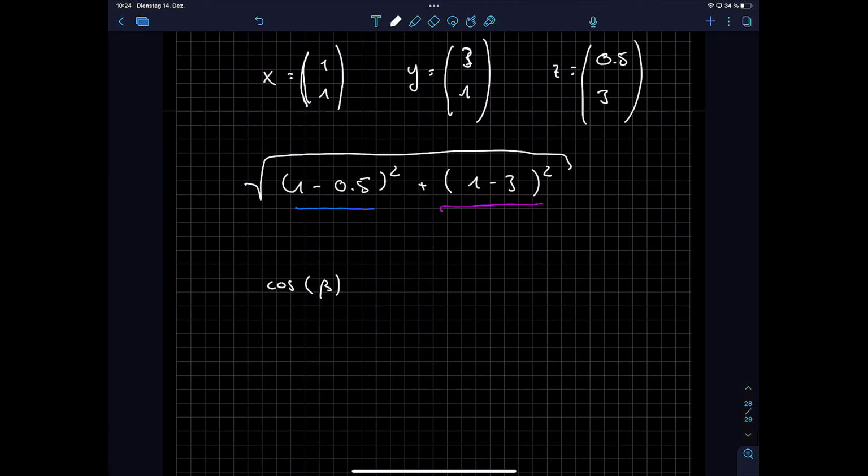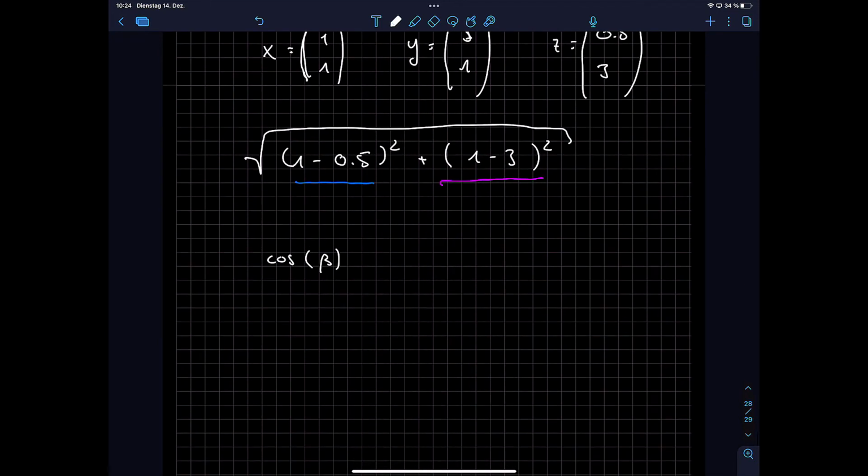The cosine of beta can be calculated by the dot product of those two vectors divided by the L2 norm. So basically we need to write it like this.